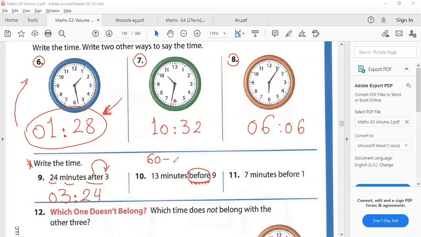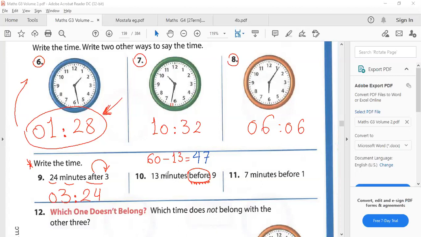How many minutes here? He said 13 minutes before 9. So 60 minus 13 equals 47. Excellent.